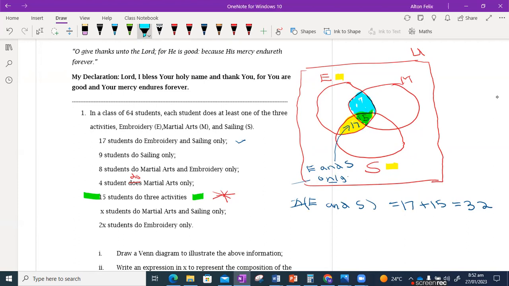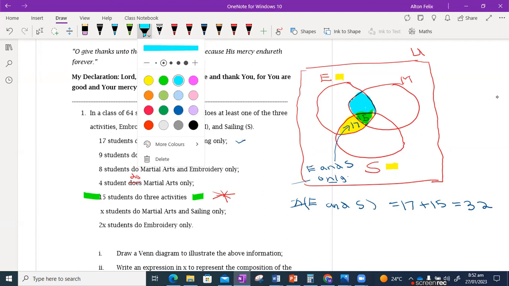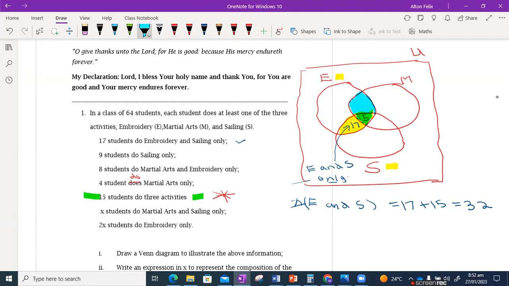Right, so now what you are seeing here in terms of that color, what color is that? That kind of bluish color is the blue region right here by itself. That's E and M only.